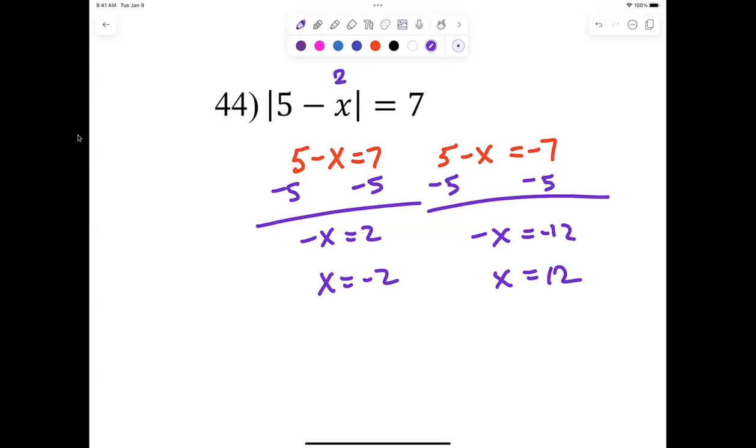The absolute value of 3 is not 7. So you write it again. Let me say this again. You write it without the absolute values. Write it again, but then you make the negative 7. Right? And then I subtracted 5. And then I end up with negative x equals 2. And if negative x equals 2, that means x was negative 2. See your mistake?